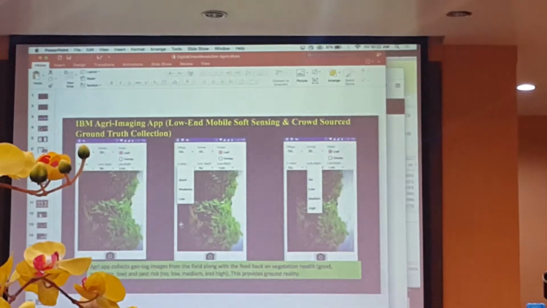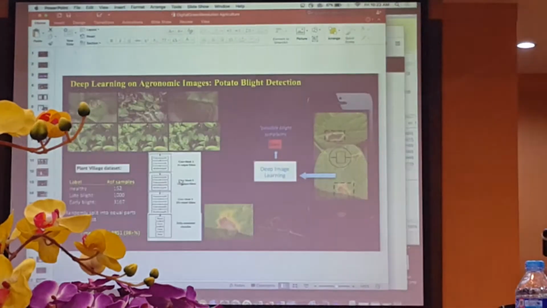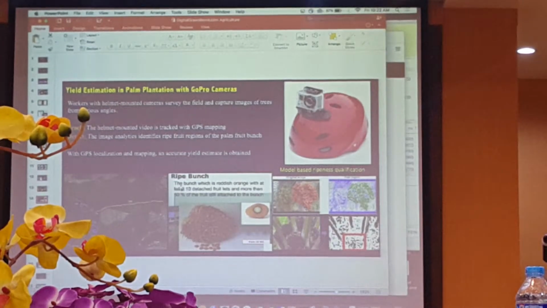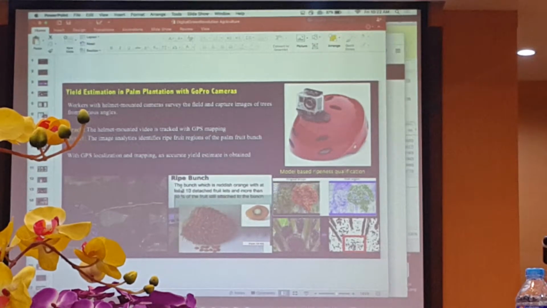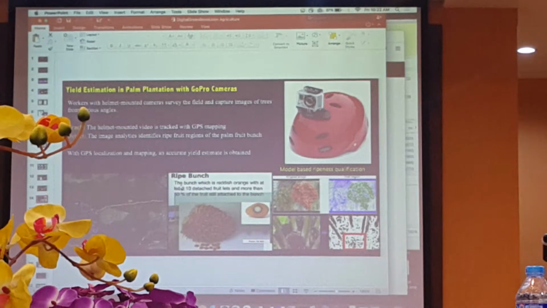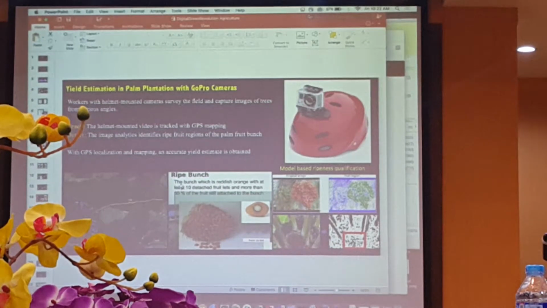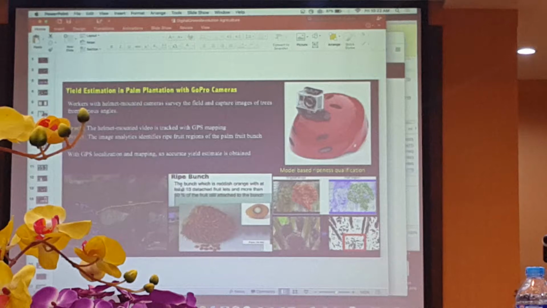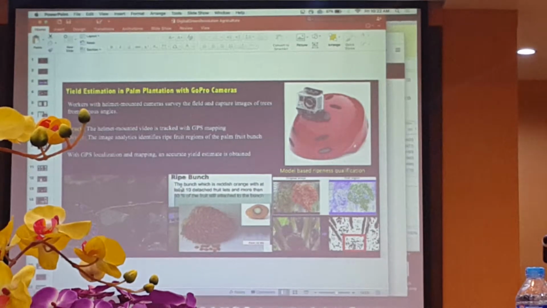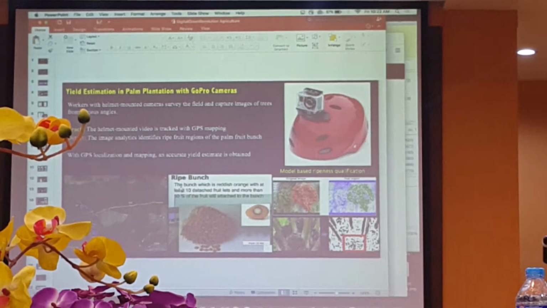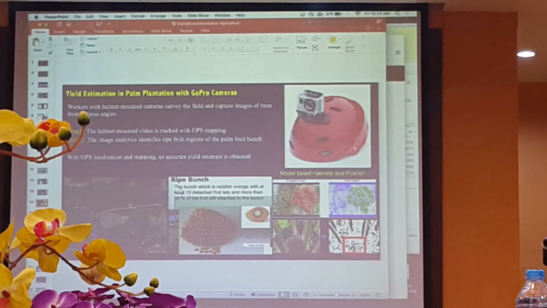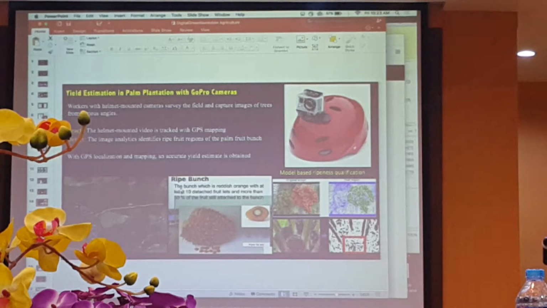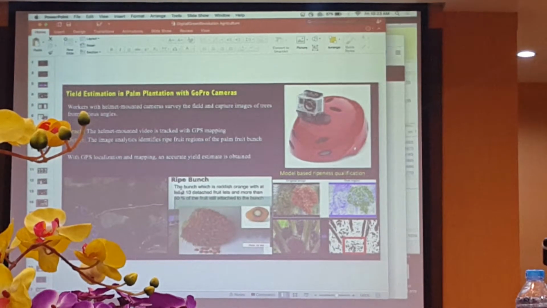The other capability that is there is this one. Now, there are some crops for which you want to know, for example, how much yield is there. So, for example, let's say in oil palm or even coconut. Now, you are not able to analyze how many coconuts are going to come out of this particular farm in a given time.